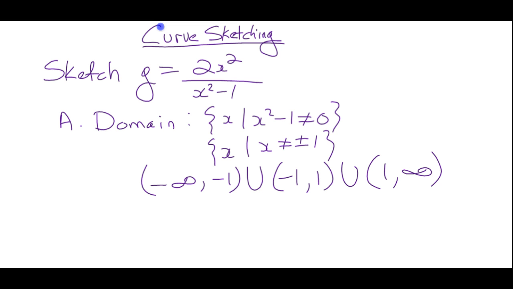Okay. So negative infinity to negative 1, negative 1 to 1, and 1 to infinity, all round brackets or parentheses indicating does not include that, right? So we don't have negative 1, we don't have positive 1.